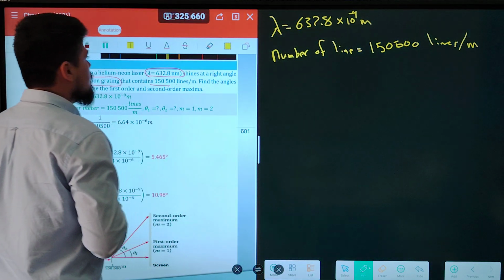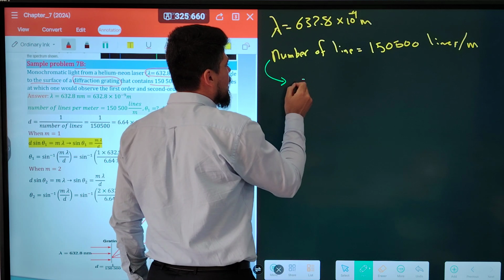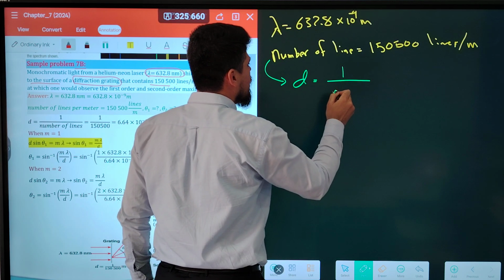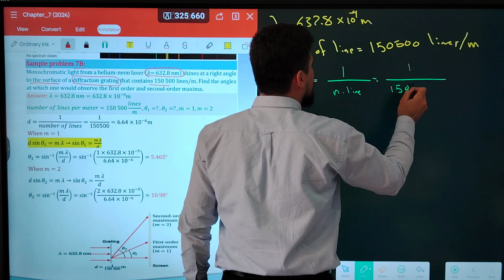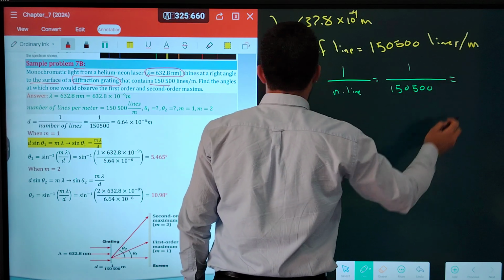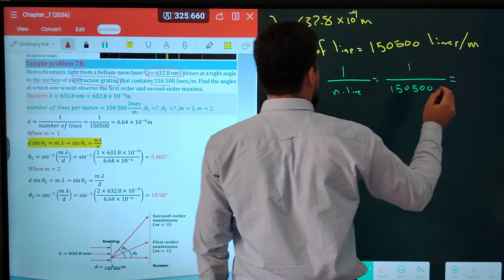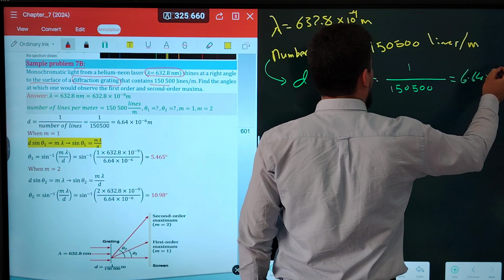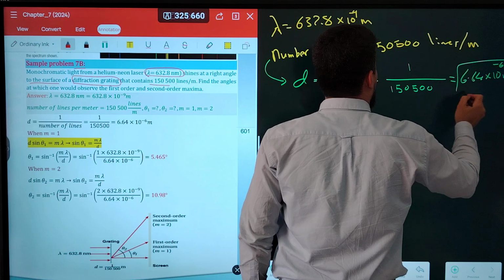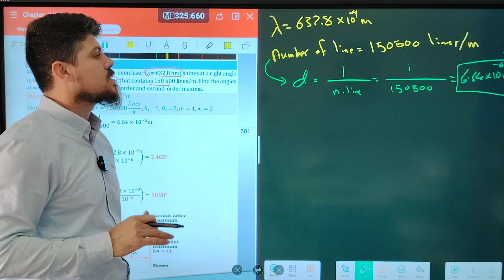So you can convert this number of lines to distance directly. d is equal to 1 over the number of lines, 1 divided by 150,500, which is equal to 6.64 times 10 to the power negative 6 meter. This is the distance between each slit, between the two slits.